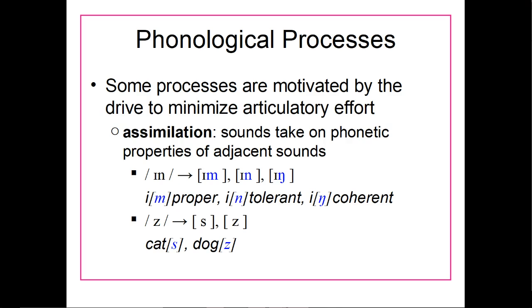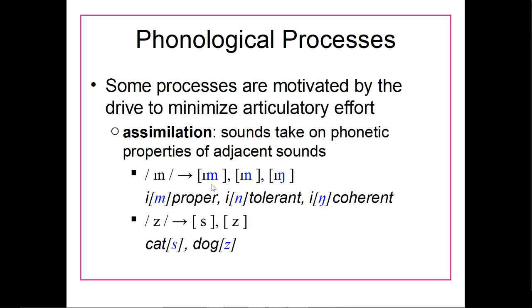Assimilation, for example, is one of these processes. In assimilation, sounds take on properties of adjacent sounds. In English, we have this sequence of sounds where the underlying phoneme is in, the vowel I and then the consonant n. This sound becomes either im, in, or ing in certain environments.